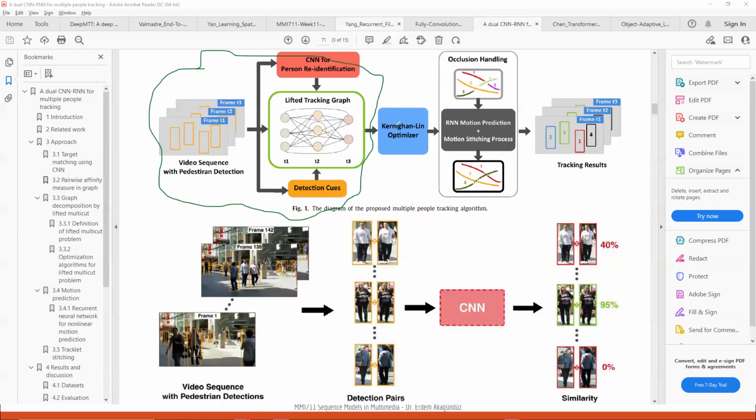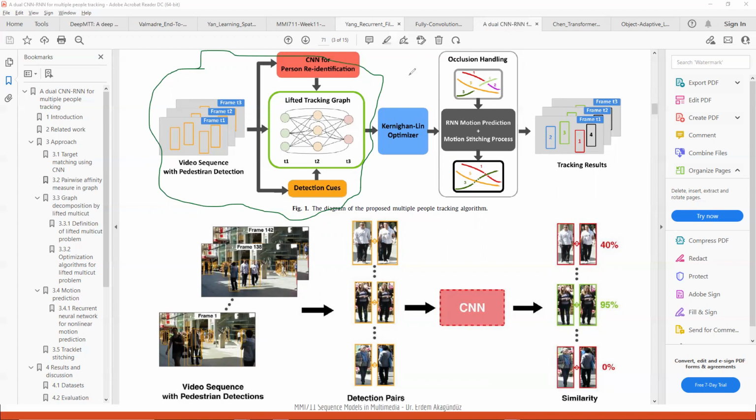This graph will create trajectories for us. So the output of this first part is multiple trajectories, which we don't know to be true yet. Those trajectories will be reconstructed and corrected by the RNN. Quite similar to the radar, but using different tools and different black boxes.